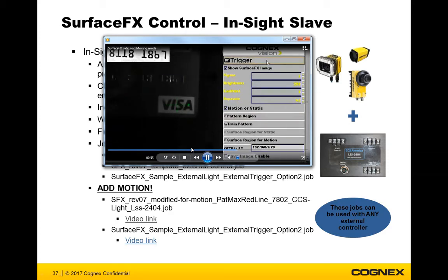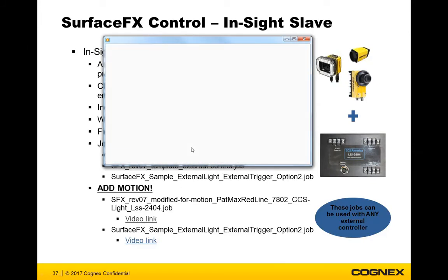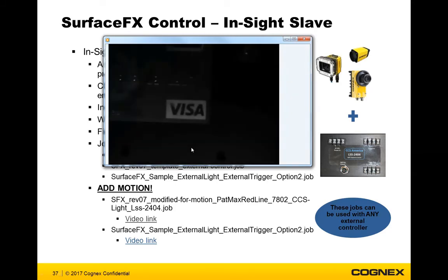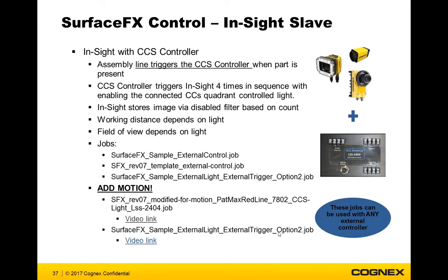And there we go. I think there's just a little lag, so they were able to trigger it. They're also going to save the image, so now they can pull this up and show you that each image was saved and each image is from a different region. So there's 1 region, 2, 3, and you can see it's moving. So it wasn't very apparent that it was moving, but it was moving. So there's that example. So you're going to have access to both of these jobs as well, so you can take a peek at how they did that.